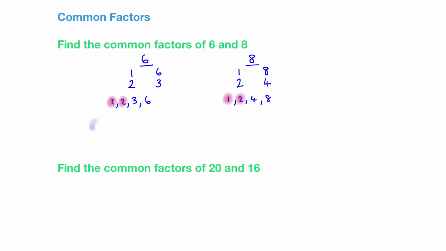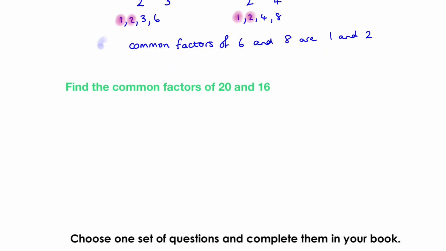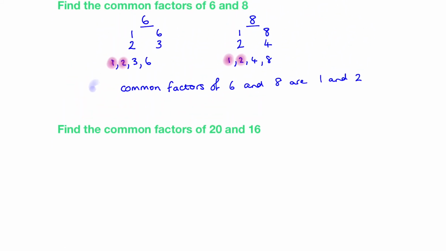So we can say the common factors of 6 and 8 are 1 and 2.